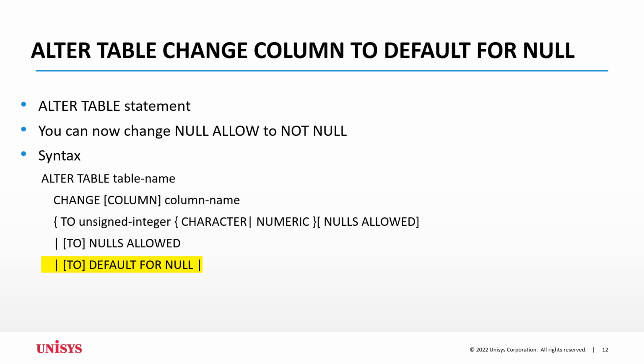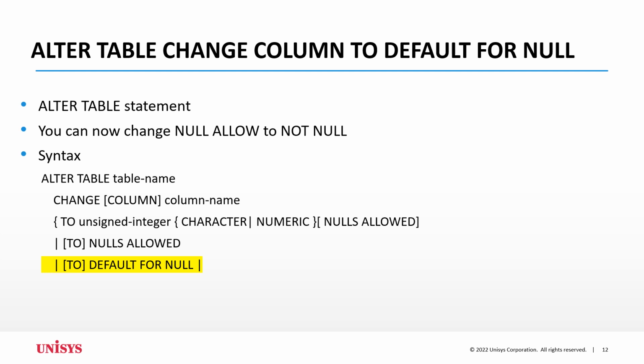It also allows the return of the non-null default for any record where this column previously had the null value. Columns must have a non-null default value in order to apply this command. Once the column has been changed to default for null, it cannot be changed back to allow null values, nor can the default be changed to null.